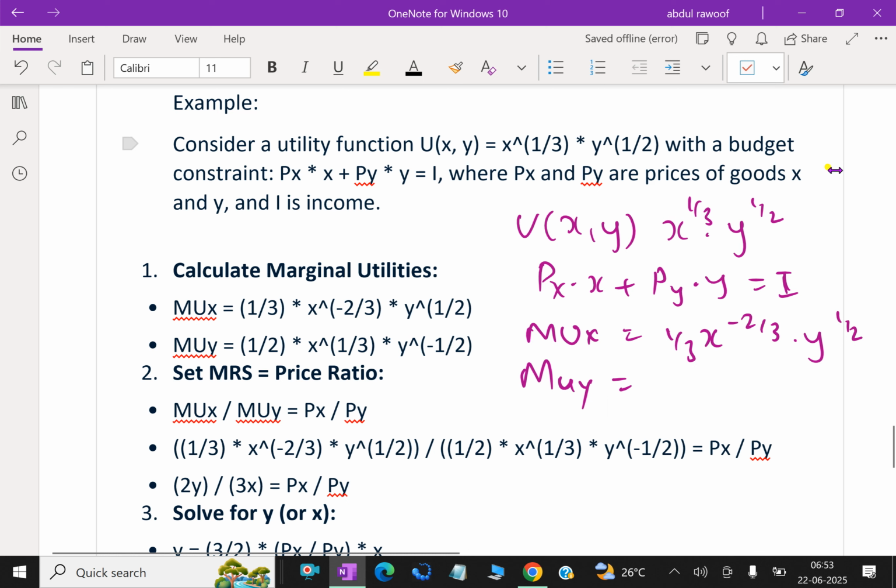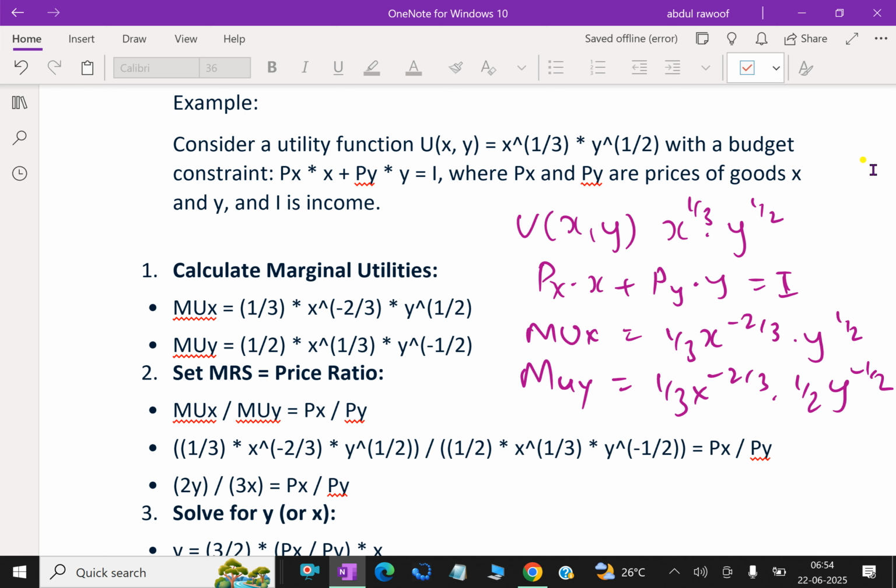Look here: 1 by 3 x power minus 2 by 3 into y power half, and for MUy, half into y power half minus 1, which is minus half. This is the utility function. Set MRS equal to the price ratio.